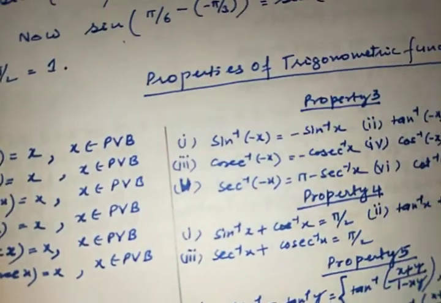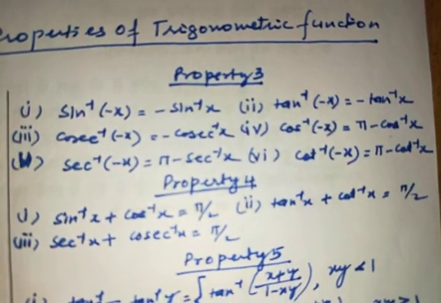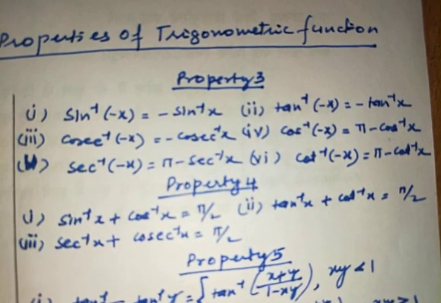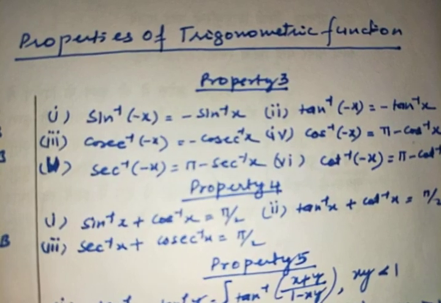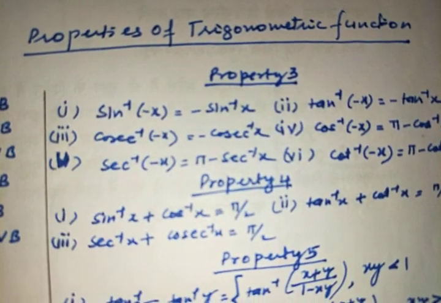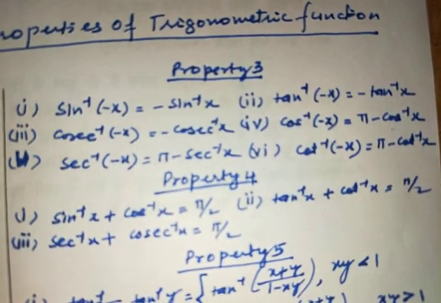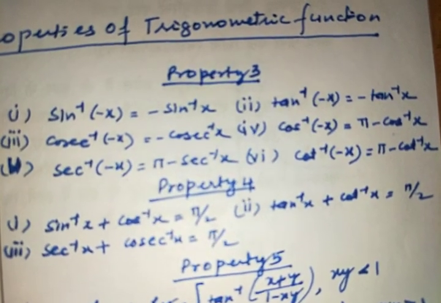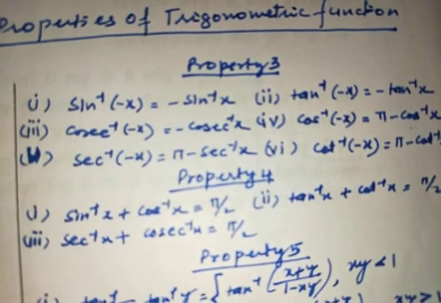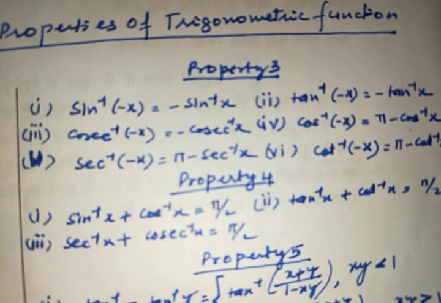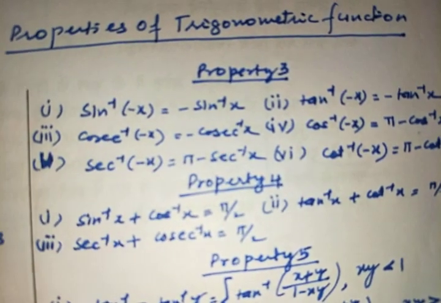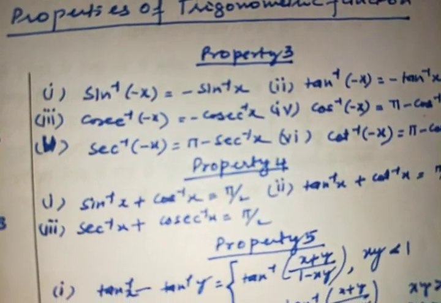Now move to property 3. Property 3 is sin inverse of minus x is equal to minus sin inverse x, and this is the same for cosec inverse x. For cos inverse, cos inverse of minus x is equal to pi minus cos inverse x, and for sec inverse, sec inverse of minus x is equal to pi minus sec inverse x, and for cot it is the same as for cos.